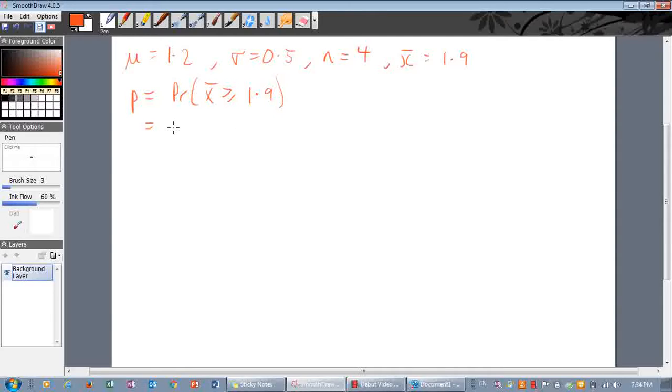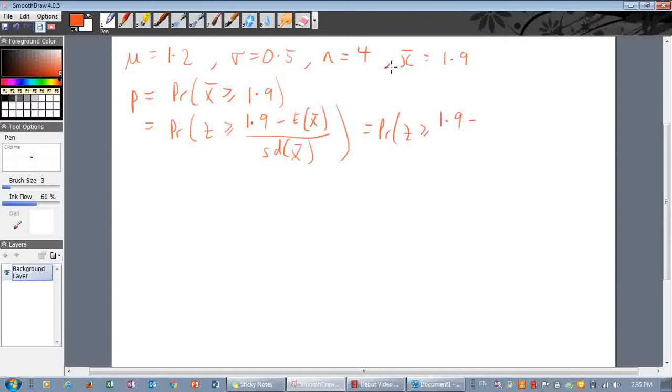Okay, and so that's equal to the probability of z, let's go to our z statistic, that's why it's called a z-test, of 1.9, that's the value we got, minus the expected value of x bar over the standard deviation of x bar. Okay, so that's just because we've got x bar here. We've done that all before. So that's the probability that z is greater or equal to 1.9.